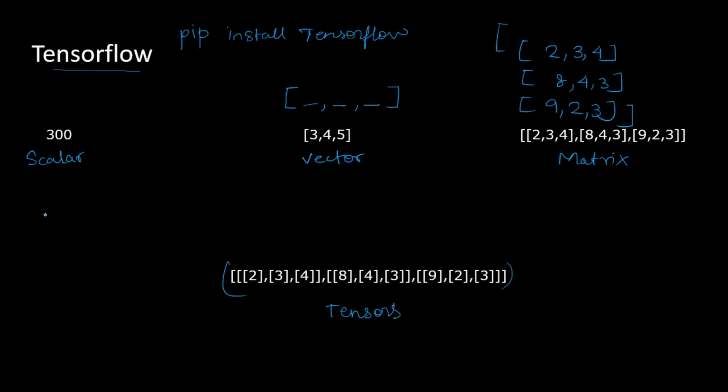I'll explain now. See, this has 0 dimensions, rank 0. This has rank 1, which means it is 1 dimensional. Now this is 2 dimensional, right? X and Y. So the rank is 2. This is of rank 3.